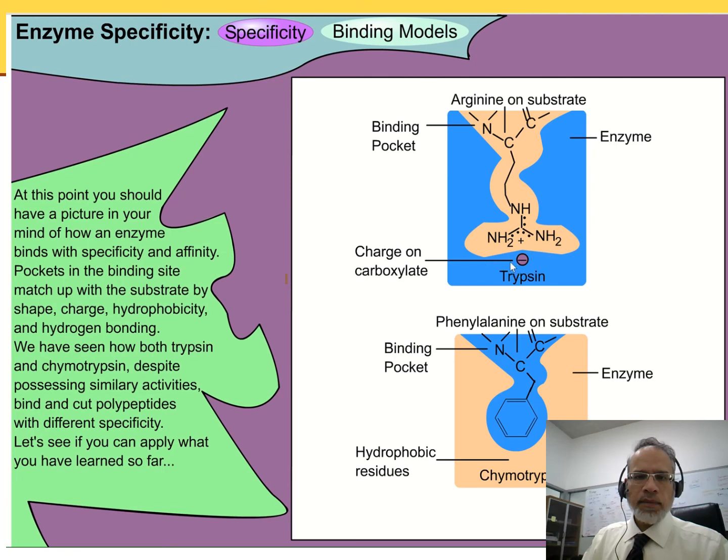This is trypsin. In trypsin, they're showing you the substrate. This is the substrate that has a positively charged group, and the active site will have a negatively charged amino acid in trypsin, which is the carboxylate amino acid. That's what they were talking about in the previous slide. Here, chymotrypsin has a hydrophobic binding pocket. That's where the substrate with the hydrophobic side chain will fit.